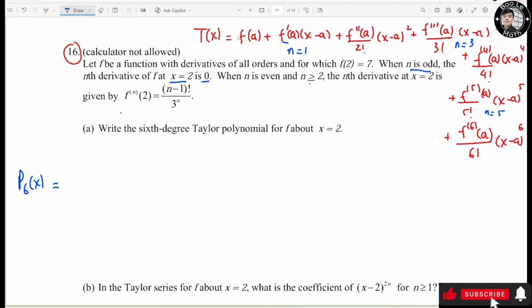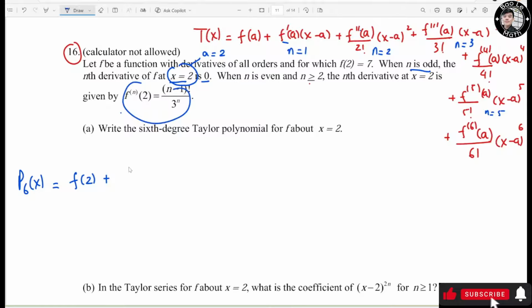So we only care about the first one right here. It's going to be f of 2, the center s equals 2. So a equals 2, and f of a is going to be f of 2. This guy right here equals 0. Now this guy right here, n equals 2. We're going to use the formula right here.